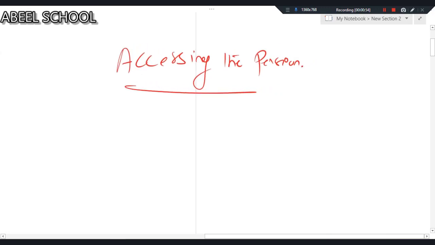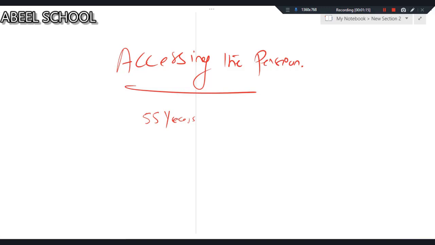Accessing the pension. Number one, the required age for pension in the UK is 55 years. I'm not saying this is the retirement age. There's a difference. Retirement age could be 65 in the UK.